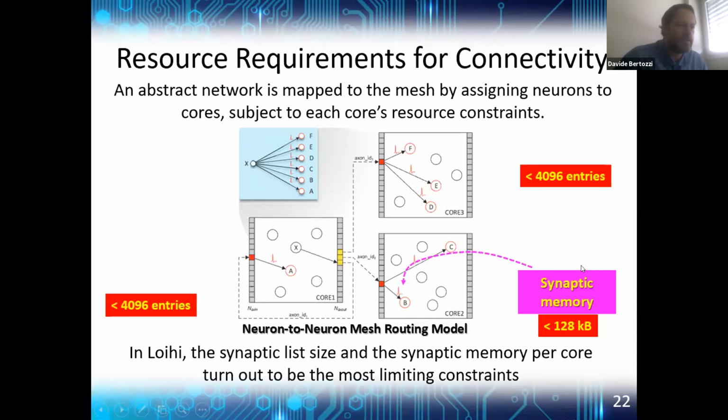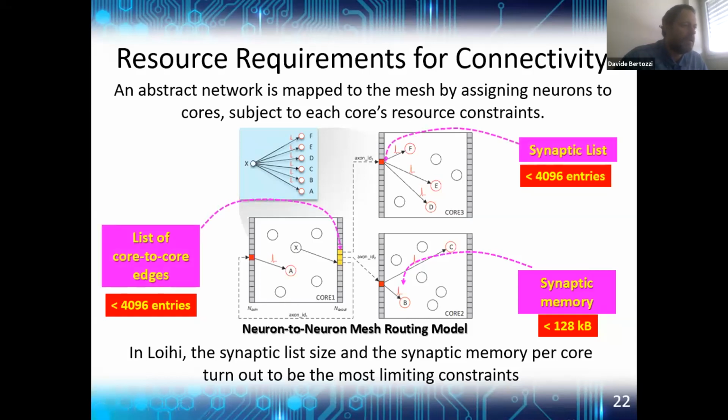Sorry, the animation here is screwed up, so let me introduce all the animations at once. Second, each neuron's fan-out edges. For instance, X has a fan-out of 7, which leads neurocore 1 to have communication with neurocore 3 and 2.